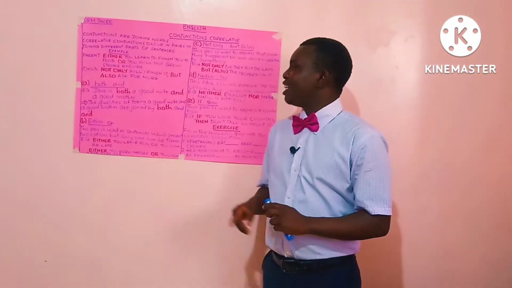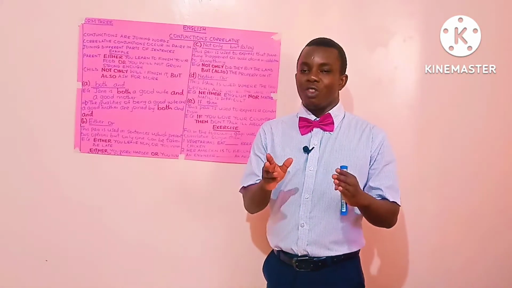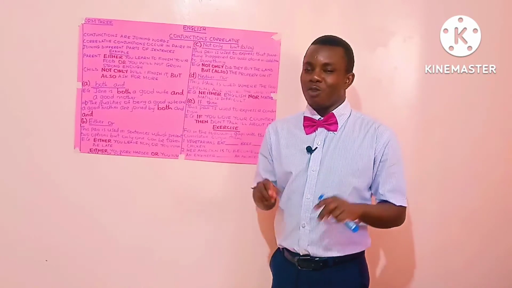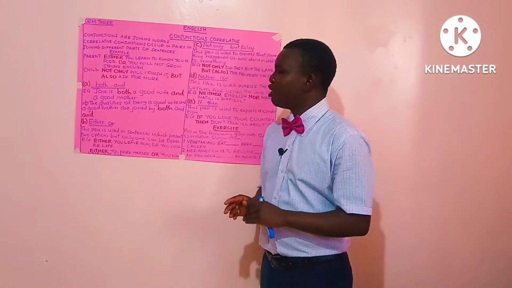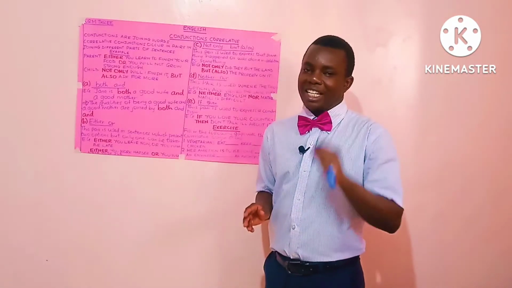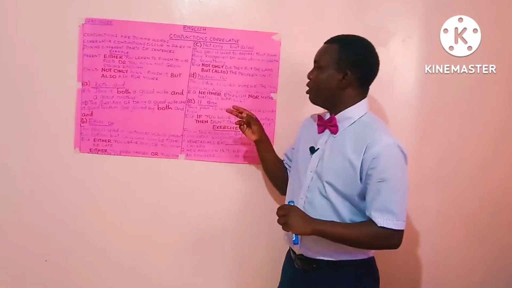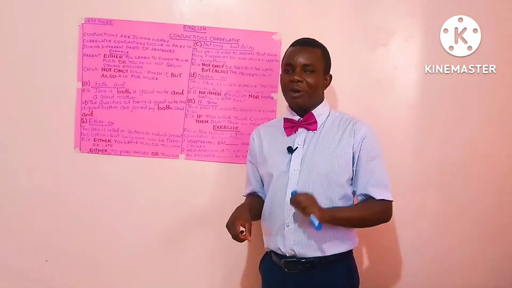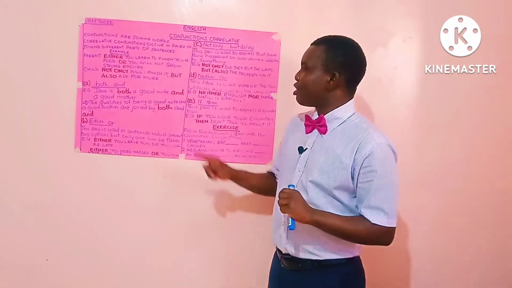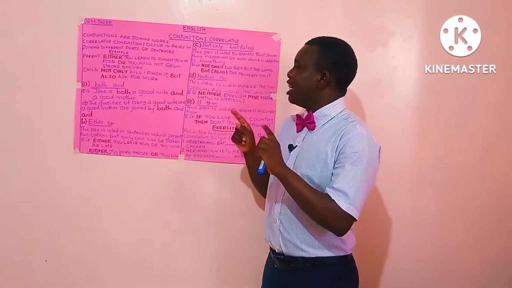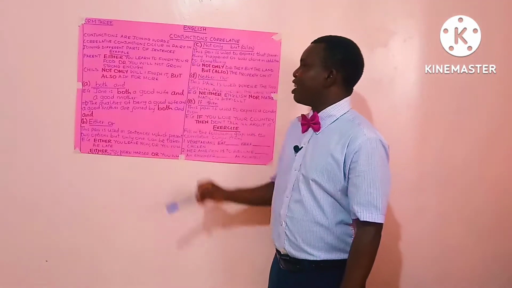Consider the example below so that we see some of the examples of correlative conjunctions. There is a conversation between a parent and a child. The parent makes this statement, and kindly viewers, I would want to draw your attention to the words that are written in red ink.